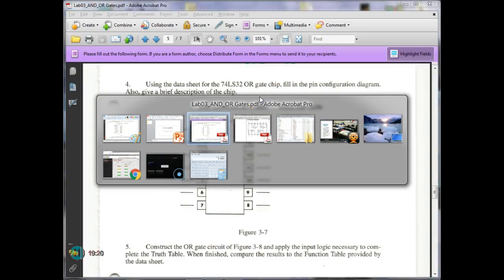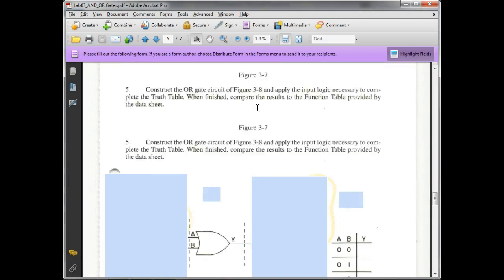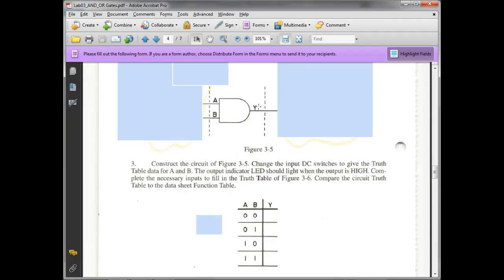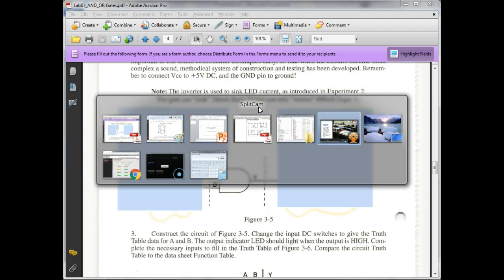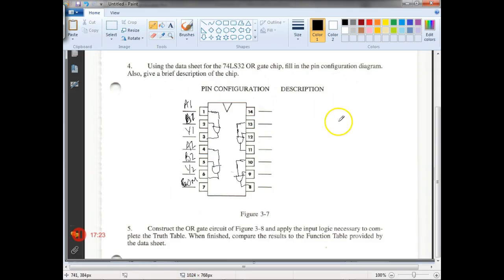Of course, the first one was, oh, here we go. And how we're going to wire this thing is we're going to come up here and, let me find my drawing. We're going to take the 2 inputs and hook this up to our data switches on our trainer.